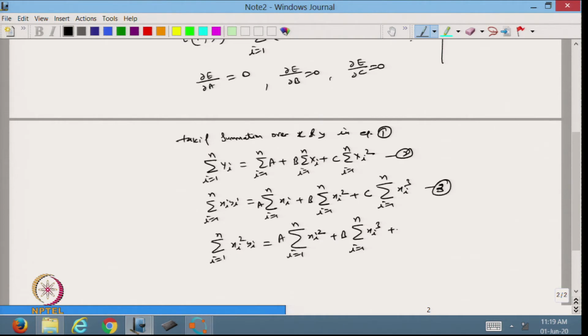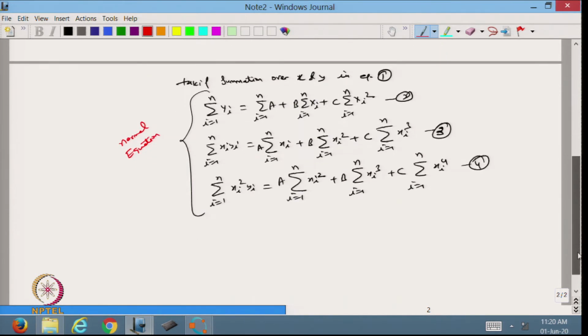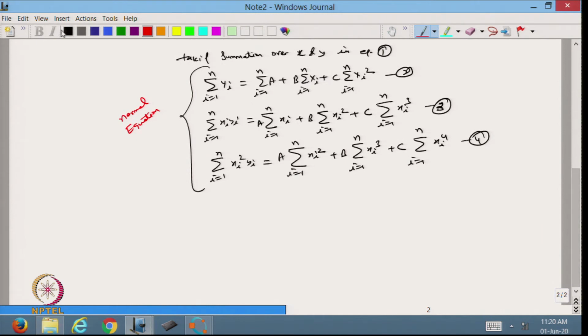So this is my equation number 4. Based on this, these are my normal equations.